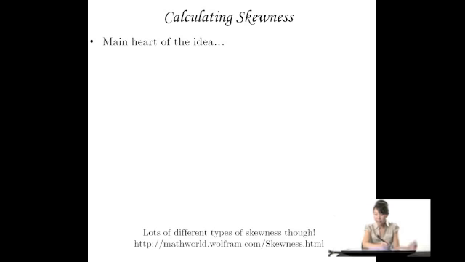All right, now let's talk about calculating skewness. Some people get a little bit freaked out at this, but I want to boil it down to what's important. So here's the main heart of the skewness function. Basically, it's going to be the sum of cubed distances from the mean, and we'll talk a little bit about why it's cubed.